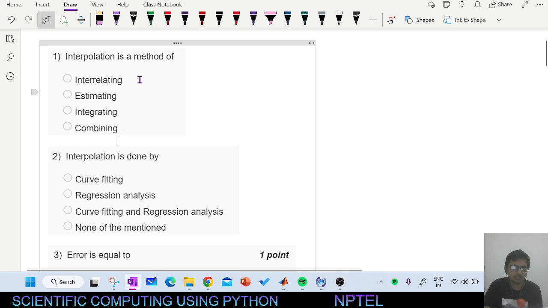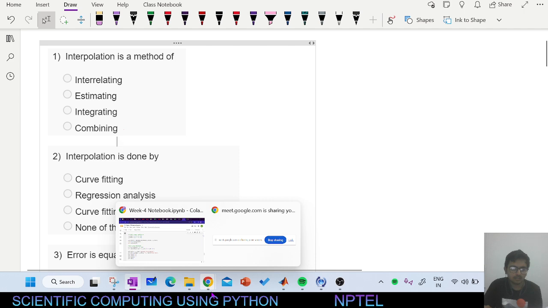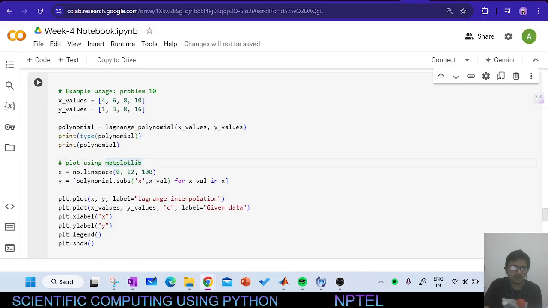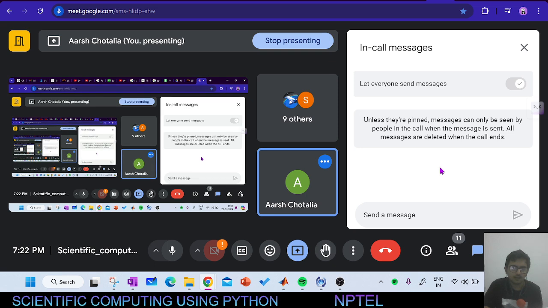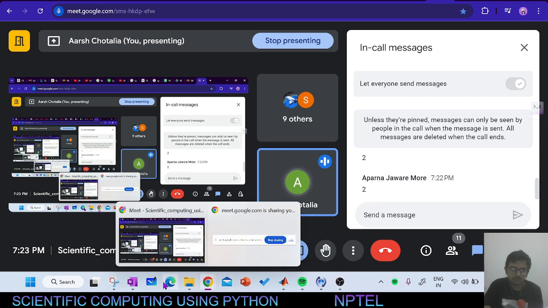So first is interrelating, 2 is estimating, integrating, and combining. 2, 2, 2. Okay, Aparna, Dipankar, Rubhadra. Yes. So it is estimating.